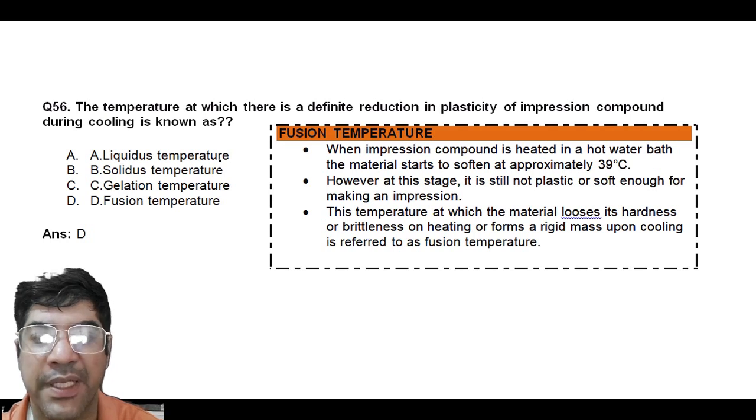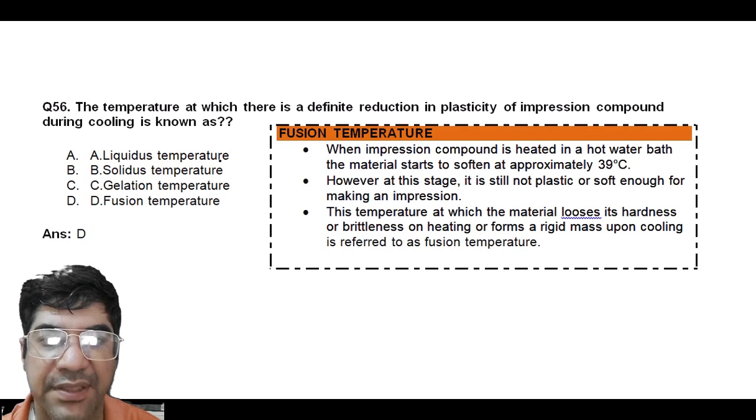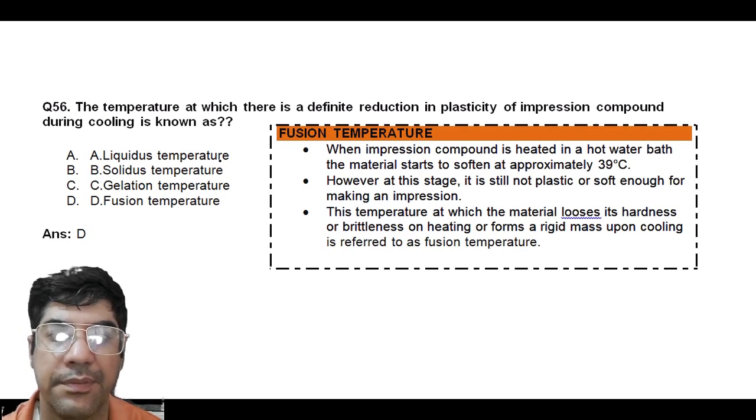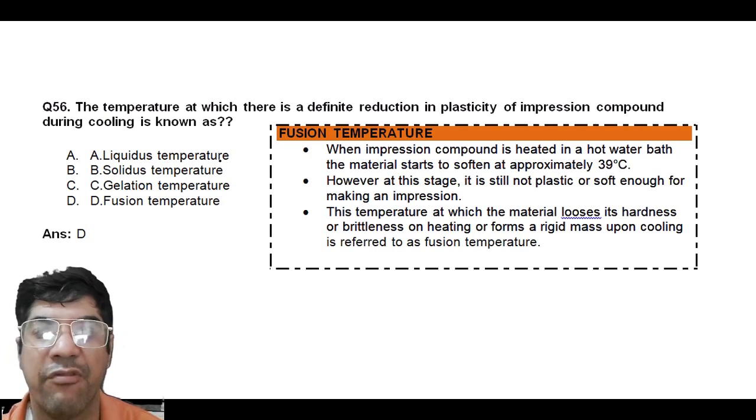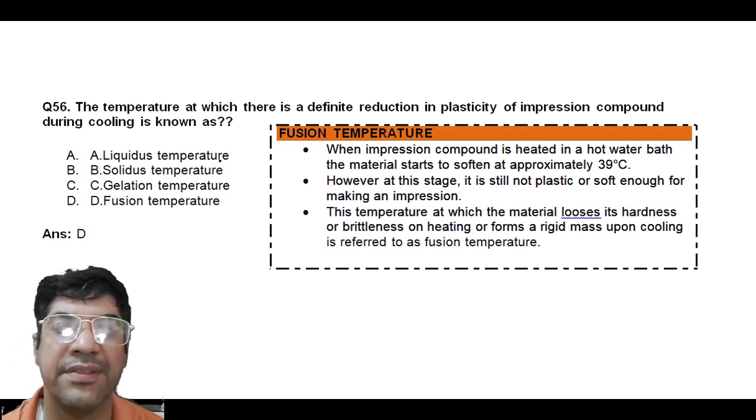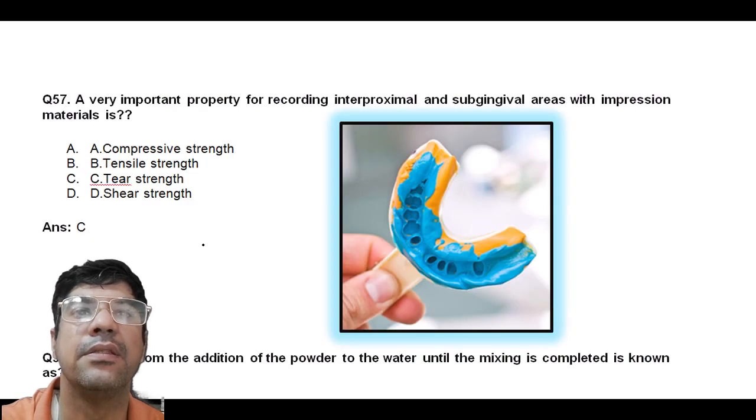So the fusion temperature represents the point at which they solidify and lose their plasticity. So the temperature at which there is a distinct reduction of plasticity of impression compound is the fusion temperature.